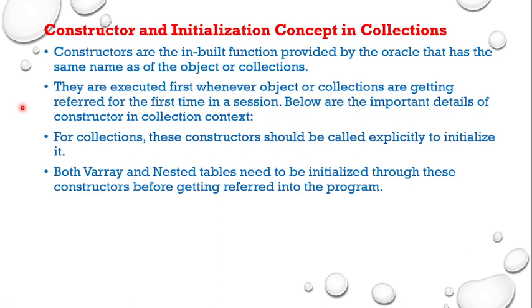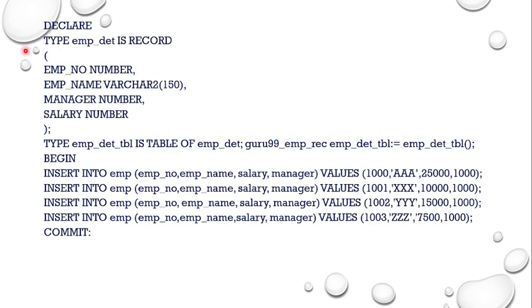Now the simple program: create a new employee record, insert the values and, at last, print the employee information. I am writing the program: DECLARE TYPE emp_dat IS RECORD, followed by employee number, then name as VARCHAR2, manager number, and salary as NUMBER.